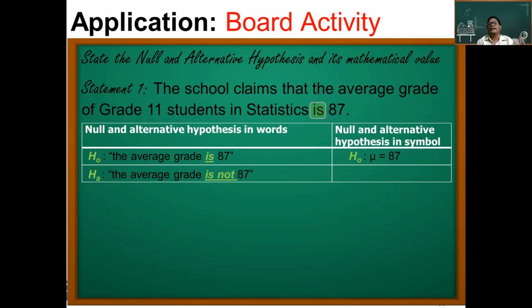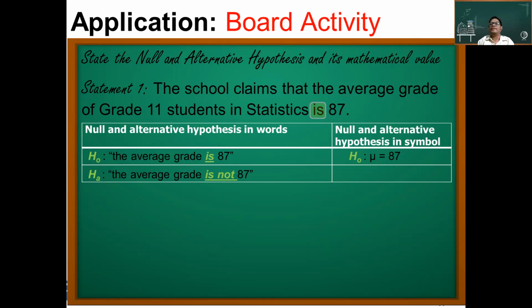H0, or our null hypothesis, mu, which is our parameter, is equal. The word is means equal. So the parameter is average grade and is 87. So it is the null hypothesis. Our mu is equal to 87. So that's how you put the null hypothesis in symbol.